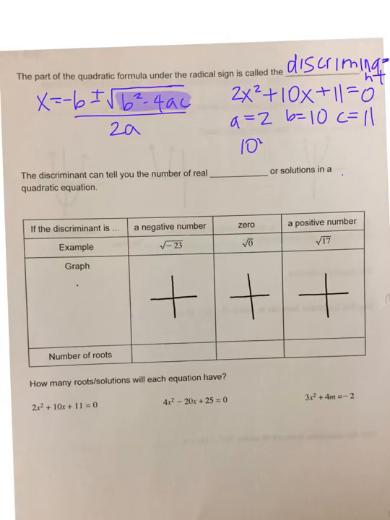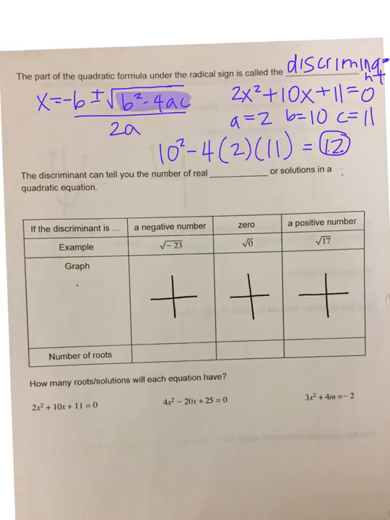That looks terrible. Let's try that again. 10 squared, b squared, minus 4 times 2 times 11. And if I put that into my calculator, I get 12. So that would be the number under the radical sign now, a 12.